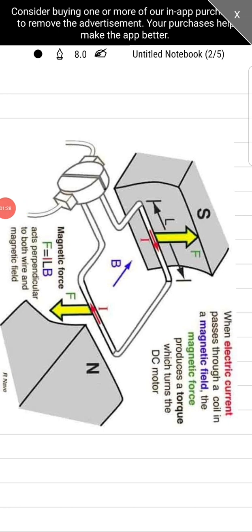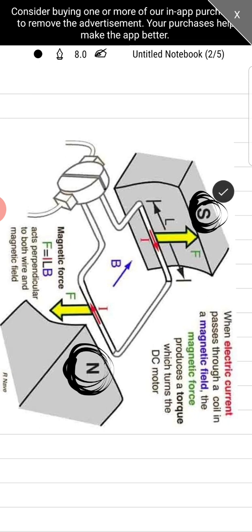Now let us go into the detailed working of the electric motor. How does an electric motor work? In any electric motor, there will be two permanent magnets. One magnet will face the north pole and the other magnet will face the south pole.